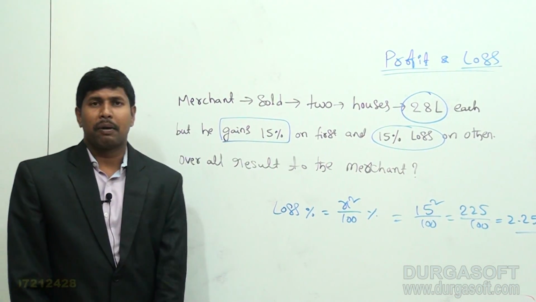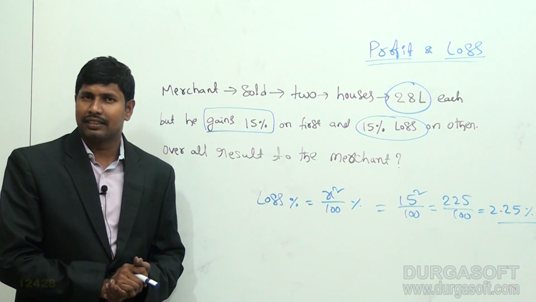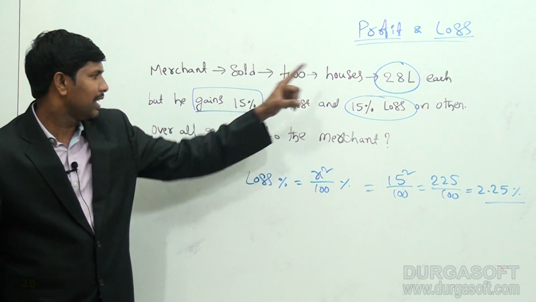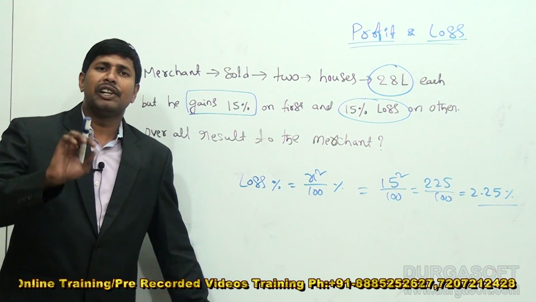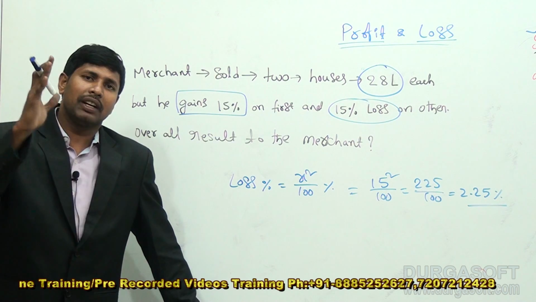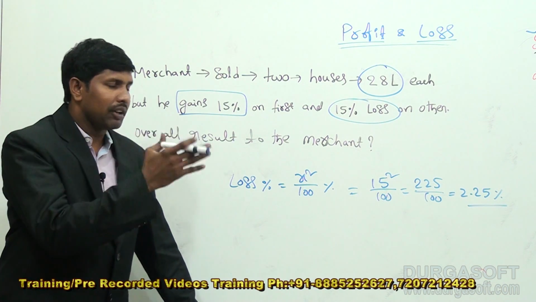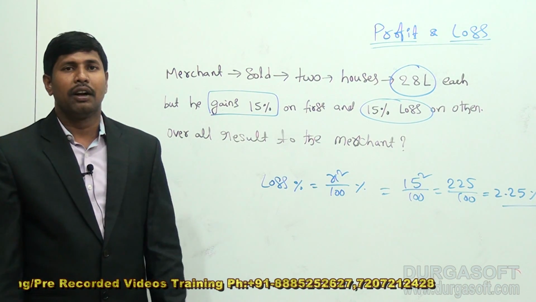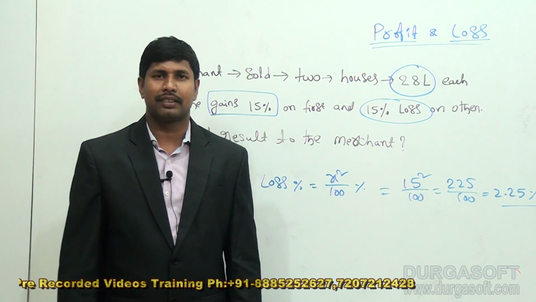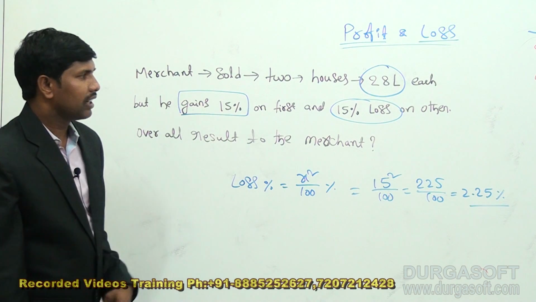So for these types of questions, no need to do anything, simply look at the values. Selling price the same, profit 15% and loss 15%. Directly you can take 15 square by 100, 225 by 100, which equals 2.25%. That's it, no need to calculate anything.